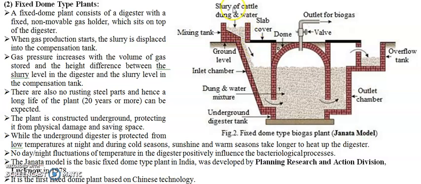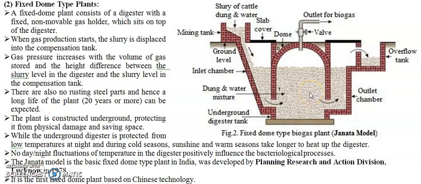Now the working is similar. The slurry of cattle dung and water, or waste material mixed with water, is prepared in this mixing tank and is allowed inside the digester through the inlet chamber. This is the airtight portion where the anaerobic digestion takes place, where microorganisms break down the organic matter to produce two byproducts.